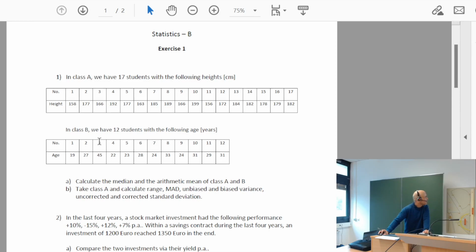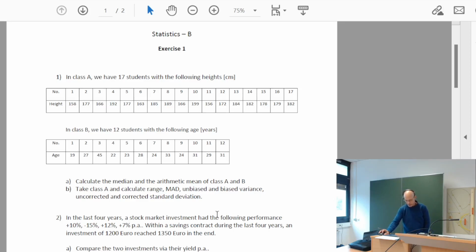And for class B with 12 students, we should calculate median and arithmetic mean of A and B. Also calculate the range, the mean absolute distance, and the unbiased and biased variance, and uncorrected and corrected standard deviation.